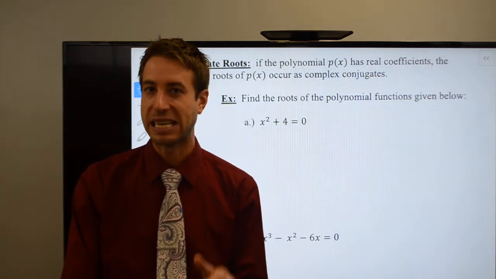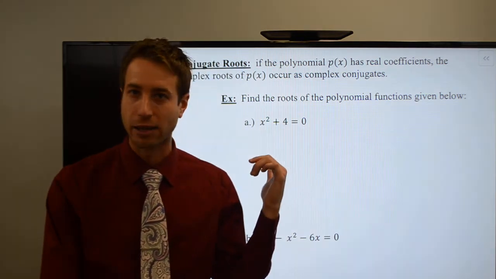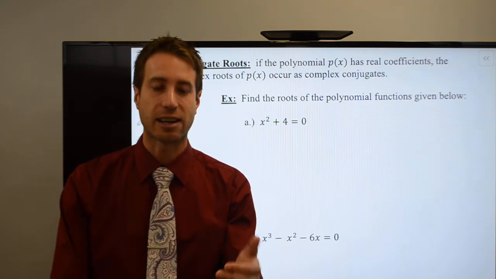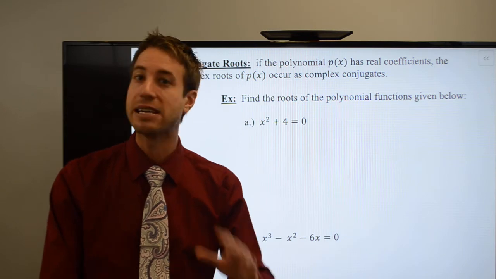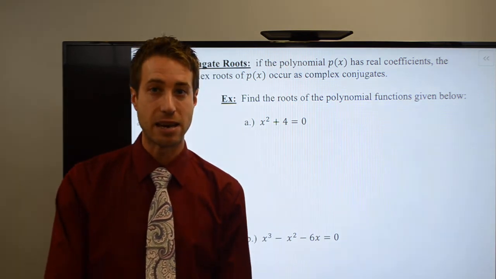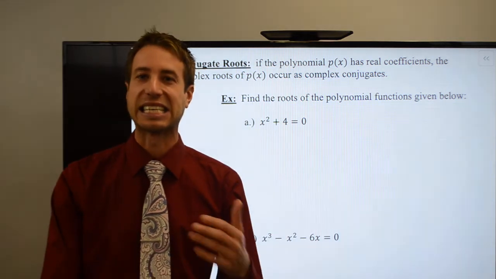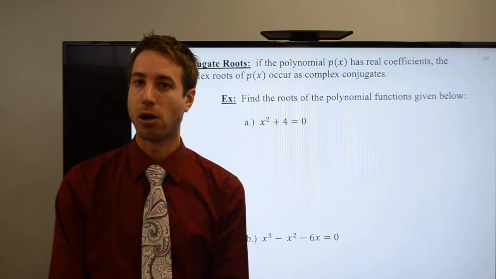They have to be an even number of imaginary solutions. Again, you can go back and look at the two example problems we did for Descartes' rule, and you'll see exactly that. In that imaginary solutions column, every number is an even number. There are no odd numbers. You can't get an odd number of imaginary solutions for a polynomial.